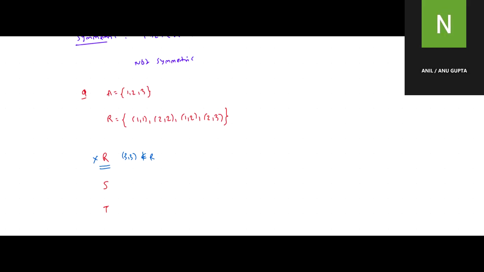Symmetric भी नहीं है because (1,2) is in R, but (2,1) is not in R. Transitive भी नहीं है because (1,2) belongs to R, (2,3) belongs to R, but (1,3) does not belong to R, therefore it is not transitive. So basically, तीनों नहीं है. Reflexive नहीं है, symmetric नहीं है, transitive भी नहीं है.